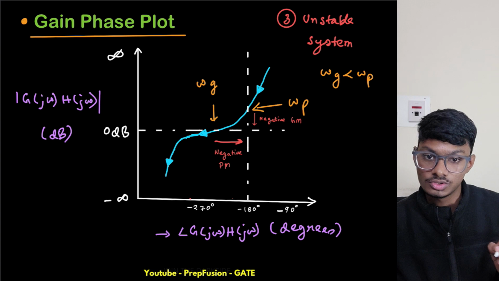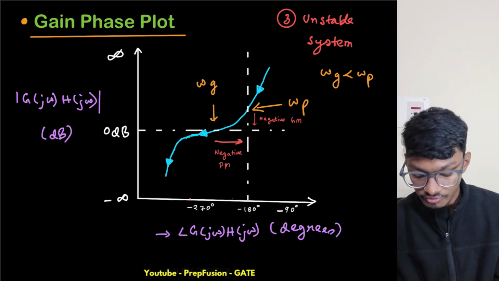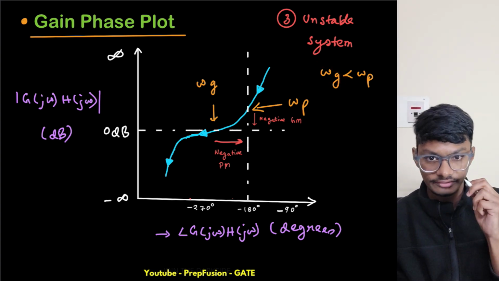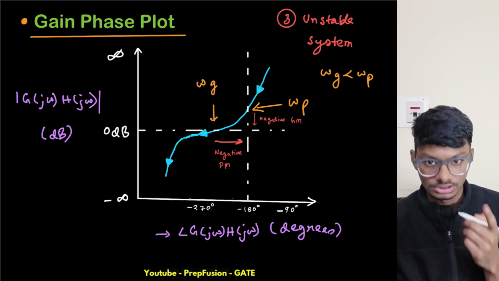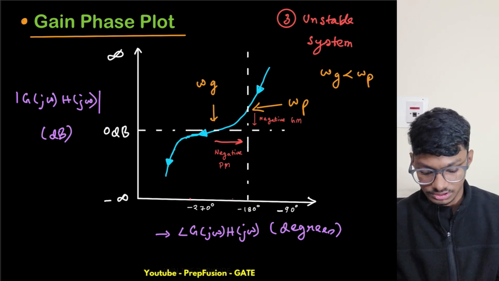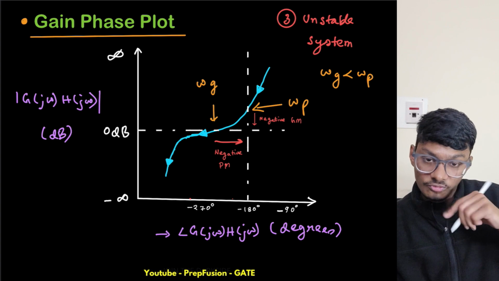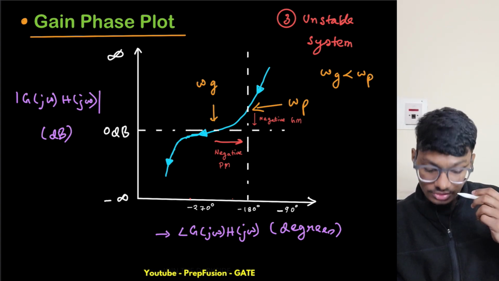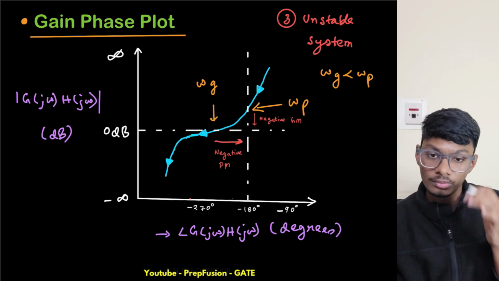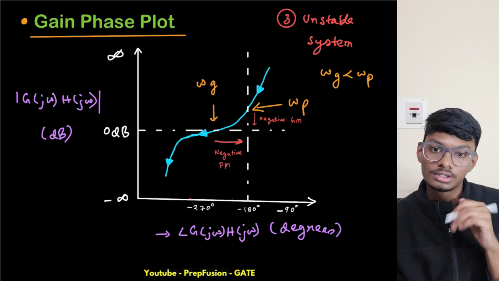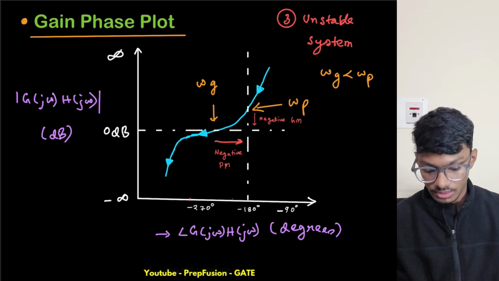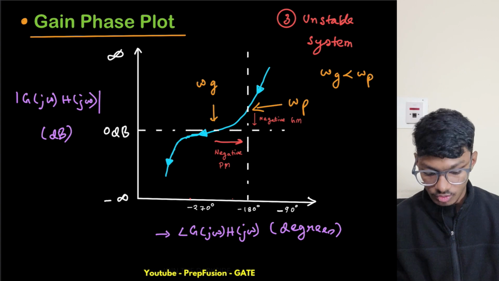So the phase crossover frequency occurs earlier than the gain crossover frequency. Before even reaching magnitude 1, it cuts my negative real axis, so that is an issue. Before my magnitude reaches 1, it is cutting my negative real axis. So yeah, this is about omega g and omega p.